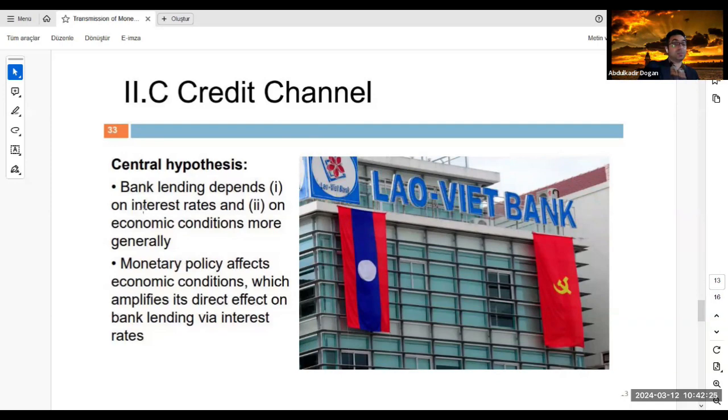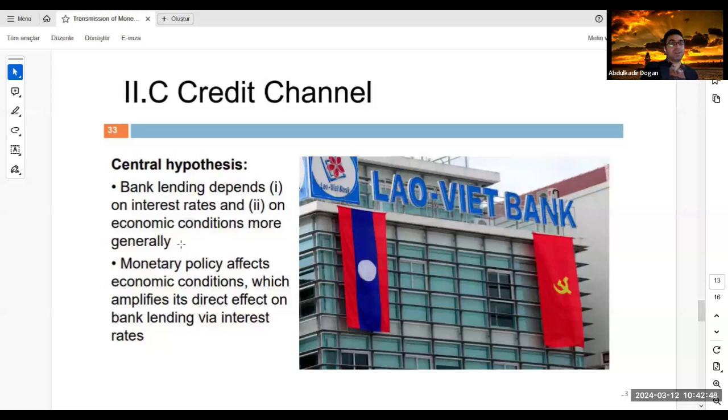Bank lending depends on the interest rate because the cost of money is everything for the banking sector. Interest rate is the cost of money, and it depends on the economic condition more generally. So despite the interest rate, while giving credit, giving loans, banks also focus on the economic condition in the near future.